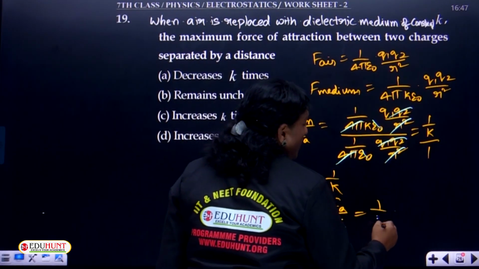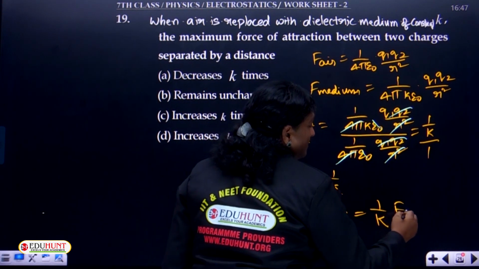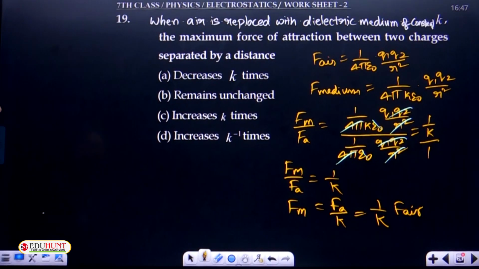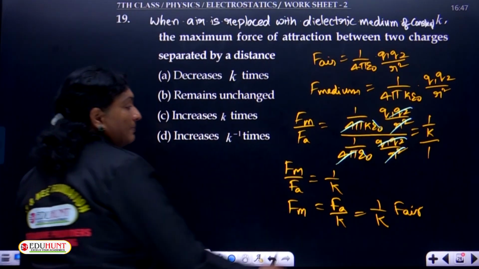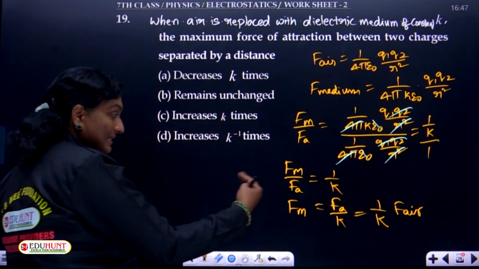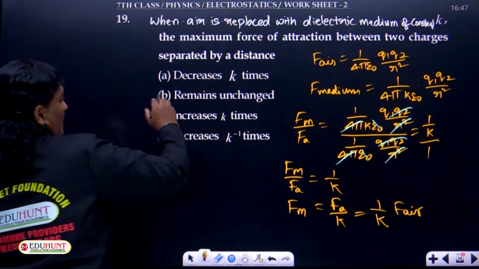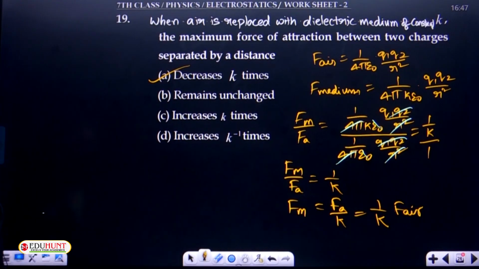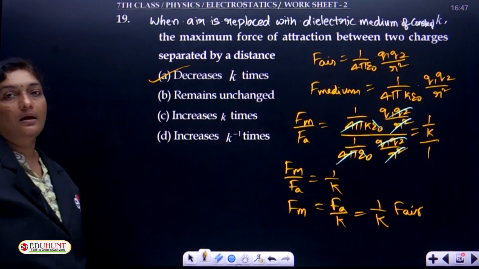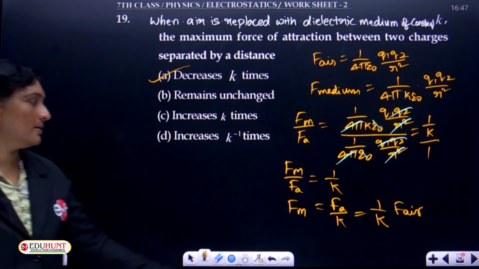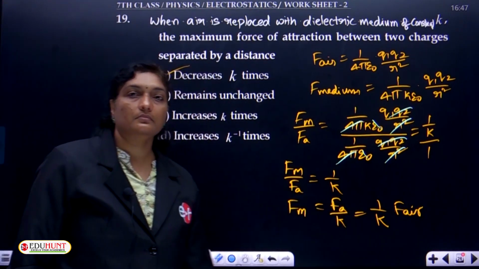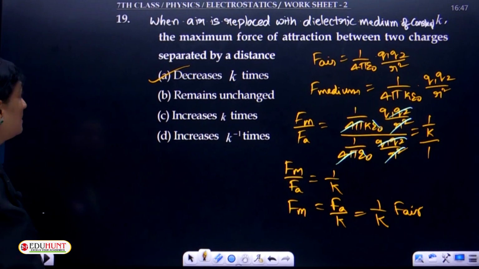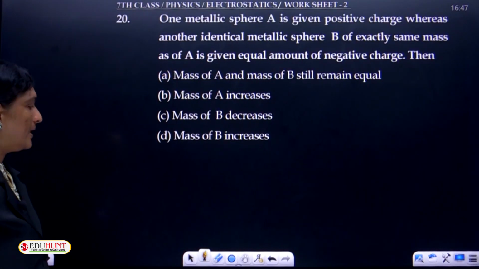It is equals to 1 by k times of the force in air. So, clearly, 1 by k times of the air means it is decreased by k times. So, the correct answer is decreases by k times, and hence the correct option is option A, the reduction factor. Okay. So, now moving to the next one, that is question number 20.